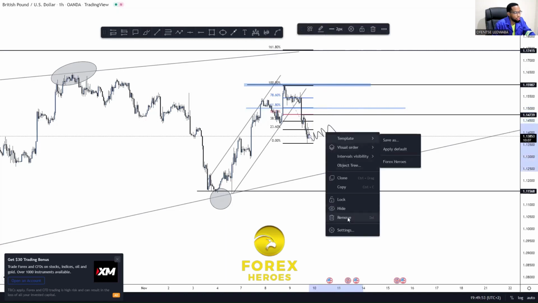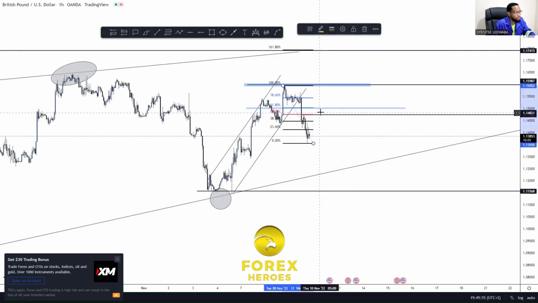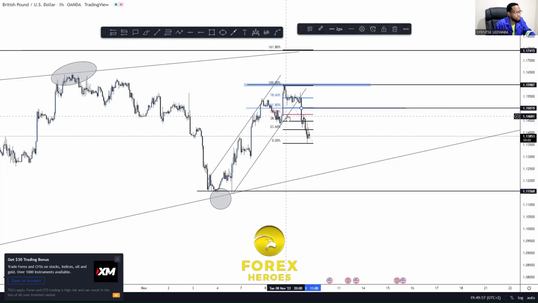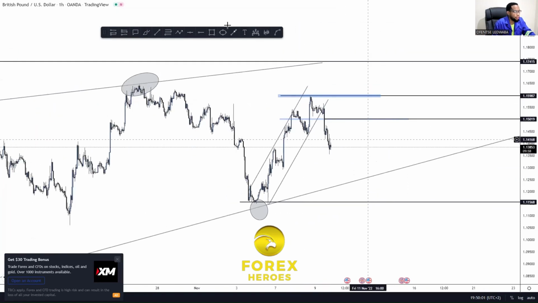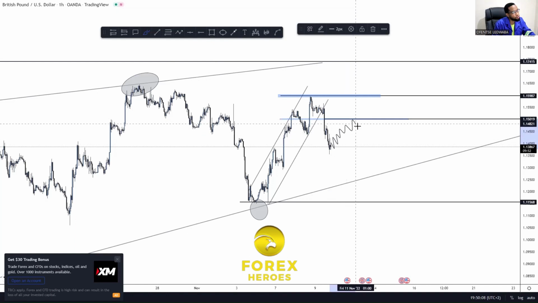So I will safely put my stop here, then I can know that okay, the market should give me a correction before they push.